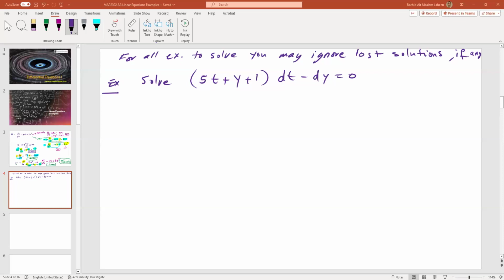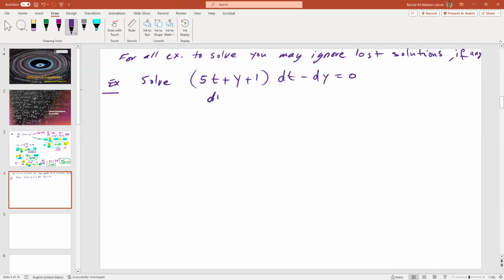In this section, it is about linear. So if I try to write this as dy over dt, I'm not going to be able to separate the t and y by factor or something. So let's just see if this is linear and we'll solve it.